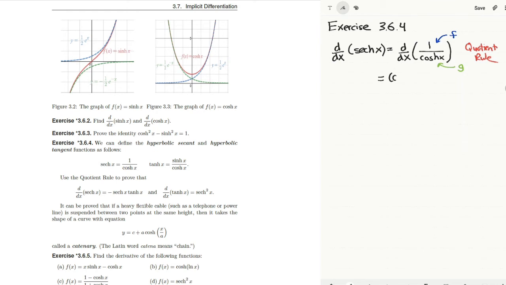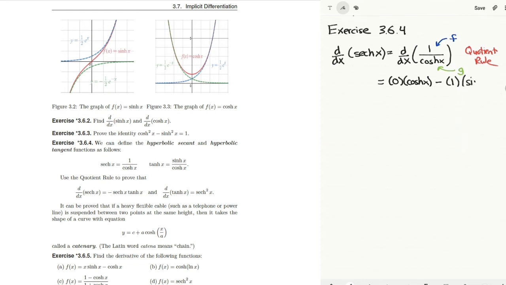The derivative of 1 is 0, multiplied by the cosh of x, minus f times g prime, and the derivative of cosh is sinh. And this is all over cosh of x squared. So now let's simplify. We have negative sinh over cosh squared, and we're going to write cosh squared as cosh of x times the cosh of x.